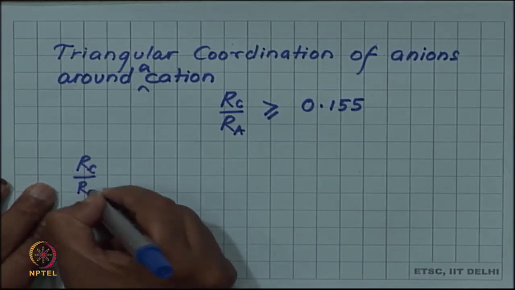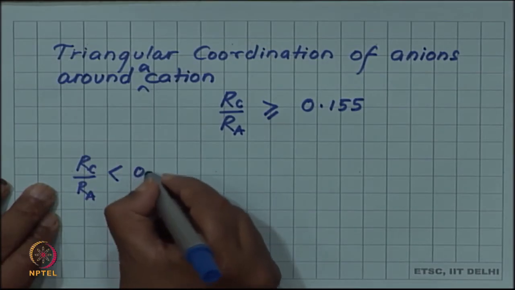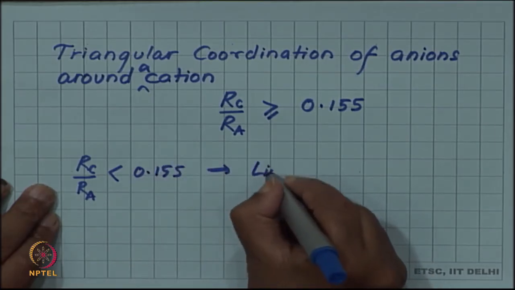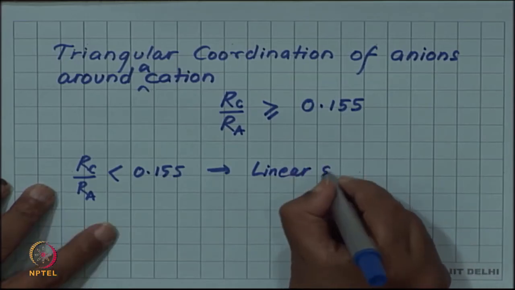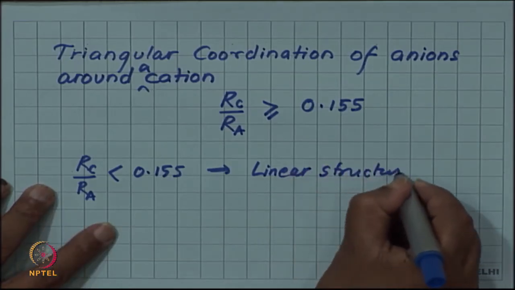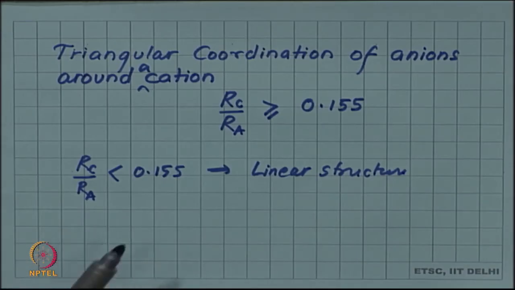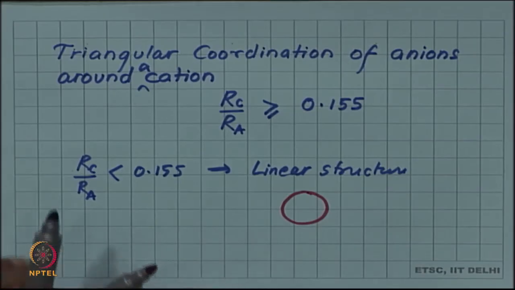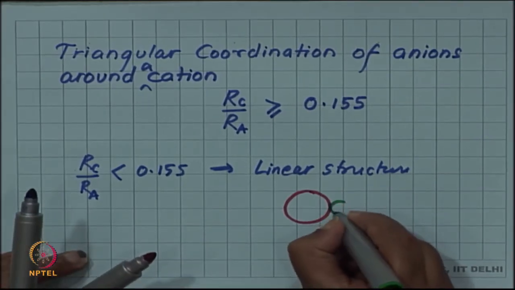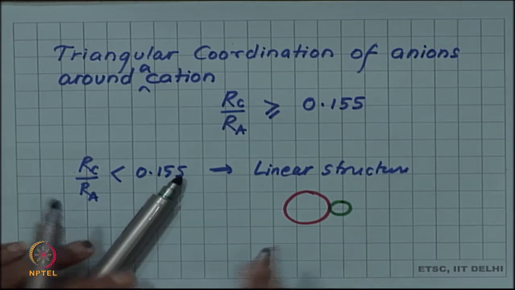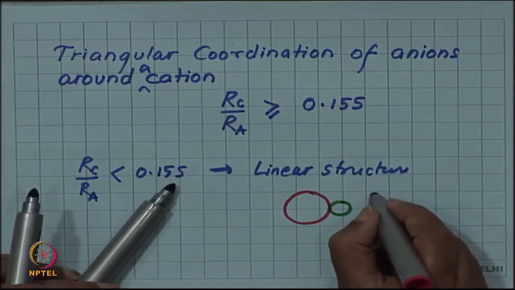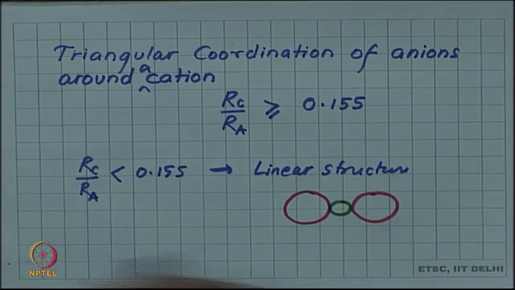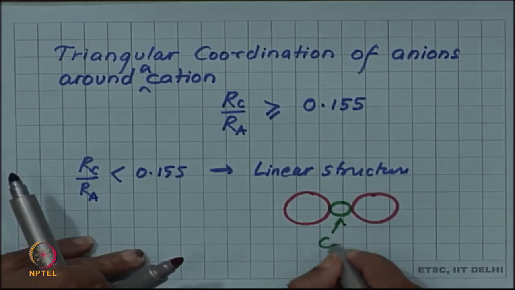So, R C by R A less than 0.155 will imply linear structure, that is the coordination number of 2. The cation will prefer to have only 2 anions.